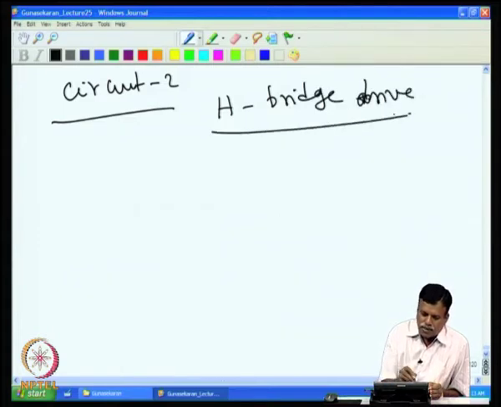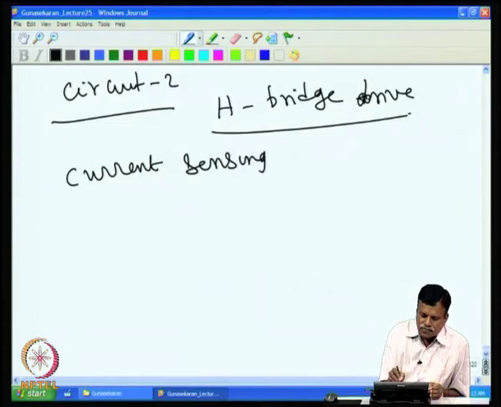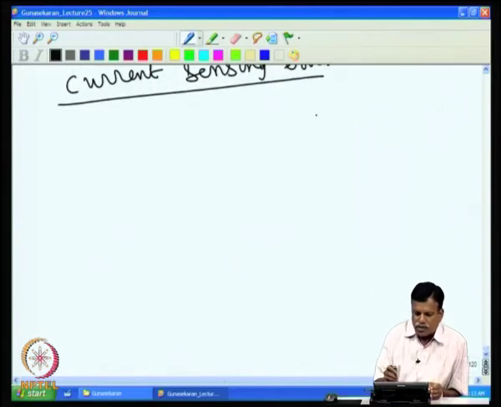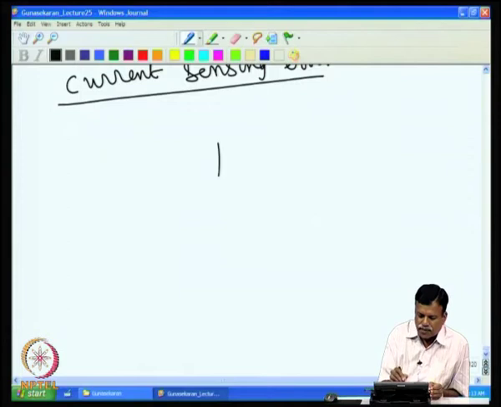We will calculate the current sensing error. In this case, assume that we have an H bridge, MOSFET based.